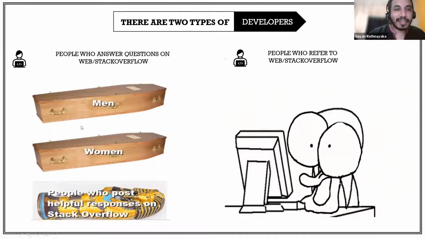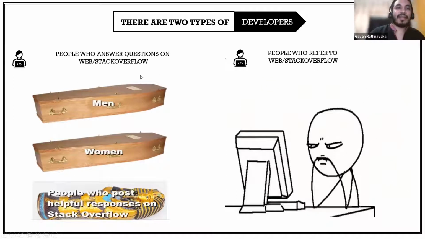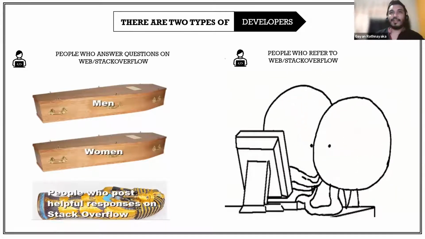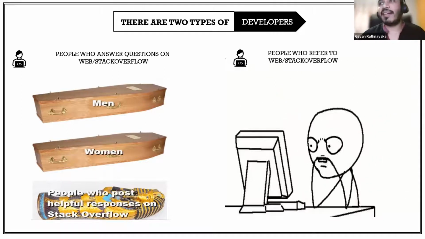And I think the first type of people is very rare. Even in my life, I have only answered Stack Overflow questions like 4 or 5 times. And one time, I got downvoted because the answer, I guess, was not correct, the one that I provided.